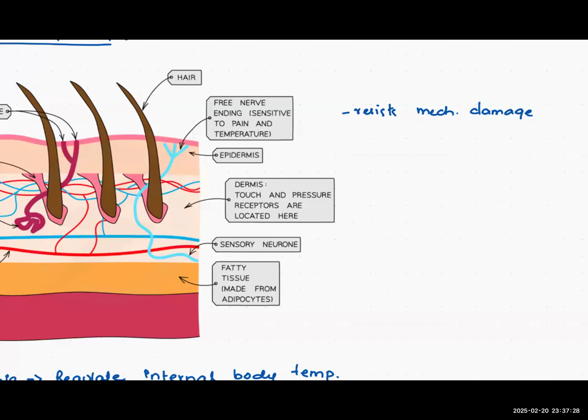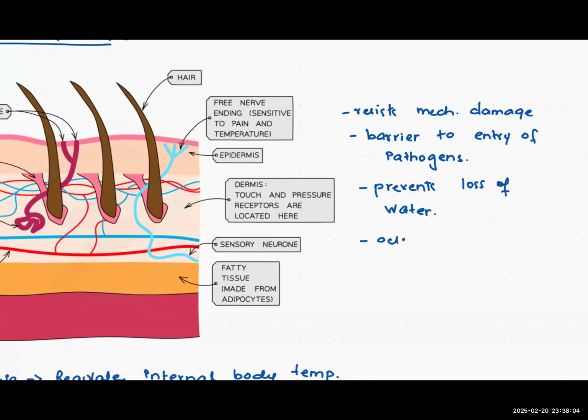It acts as a barrier to entry of pathogens. It prevents loss of water. It acts as a sense organ, and it controls loss of heat.